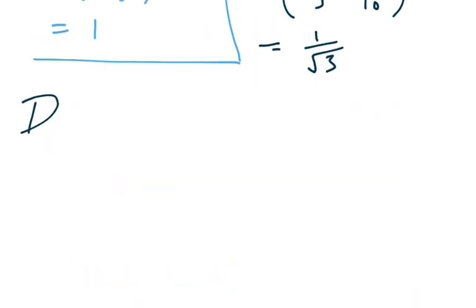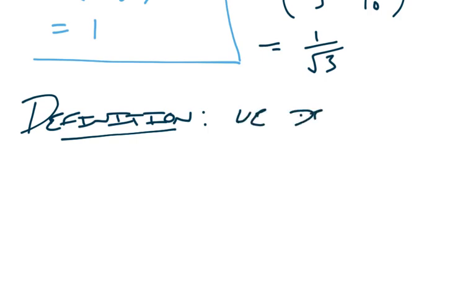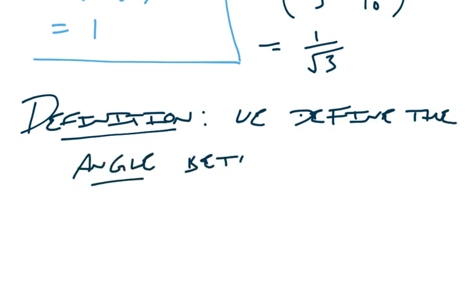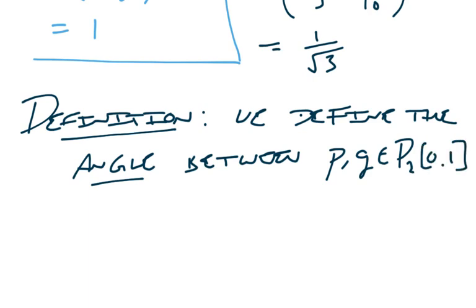All right, so we're going to make a definition. We define the angle between P and Q, which are in P2 of 0, 1, via the formula that worked in Rn.